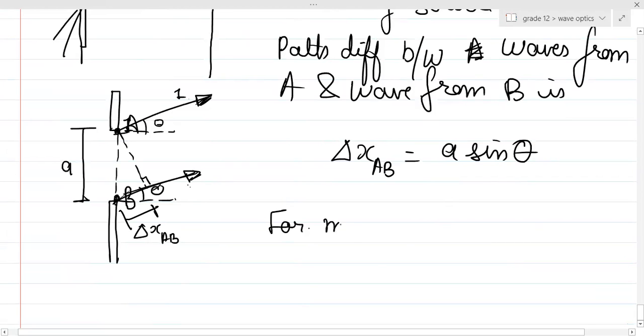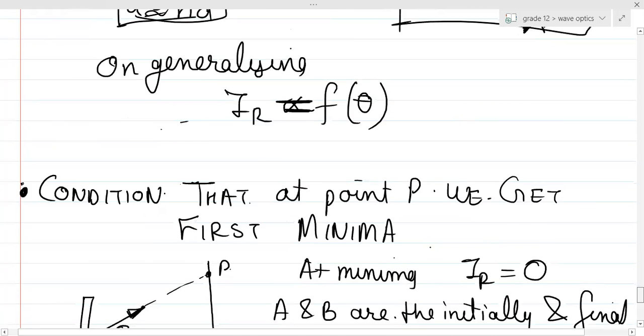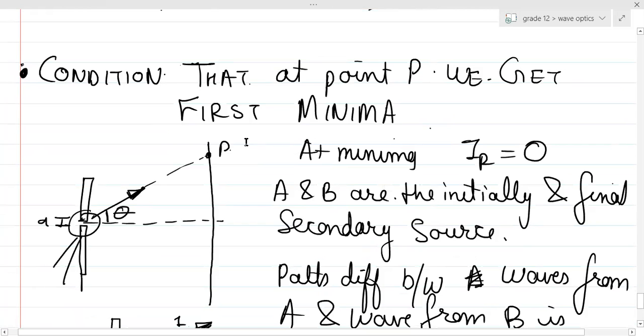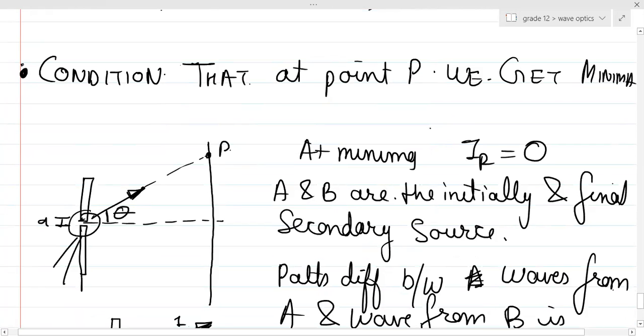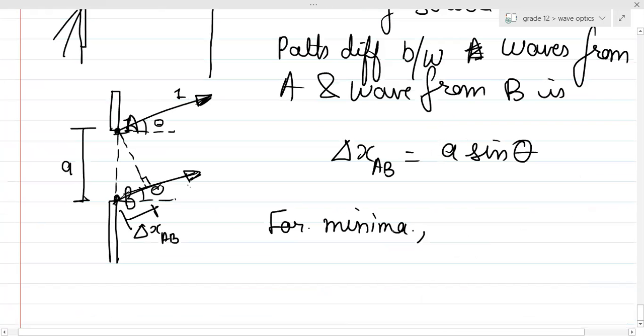For minima, in the school derivation, let's say the path difference between A and B is basically n lambda.